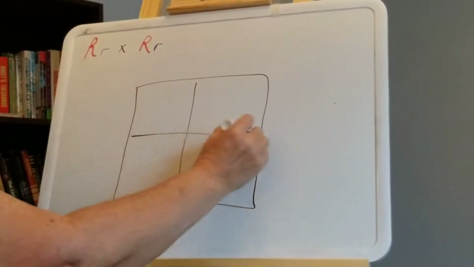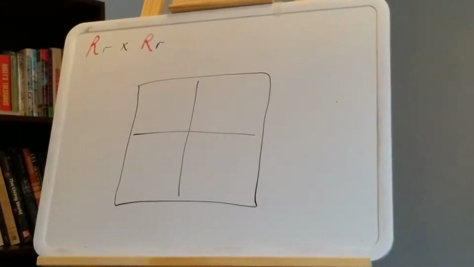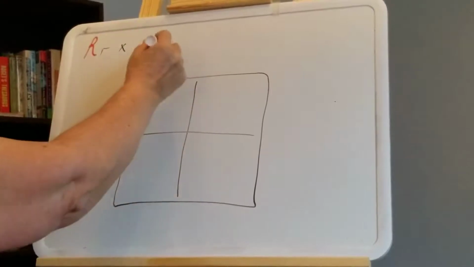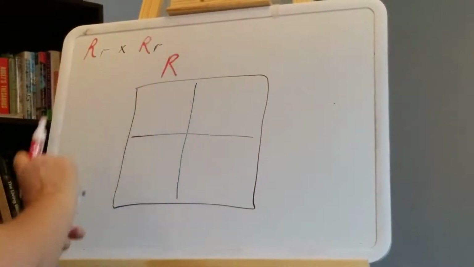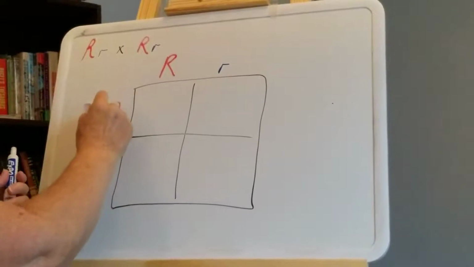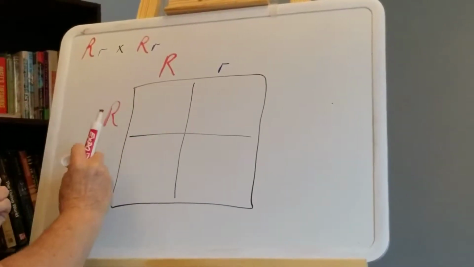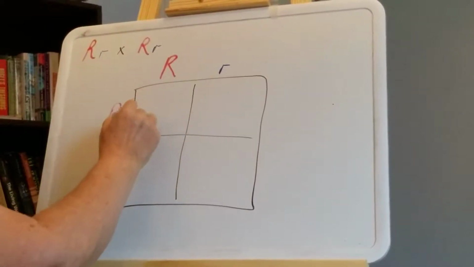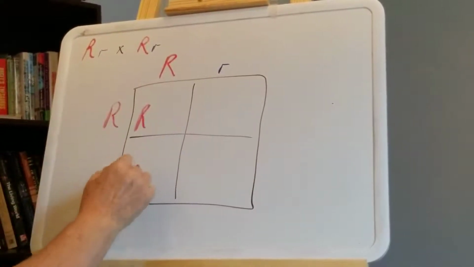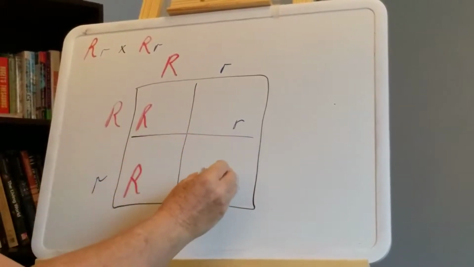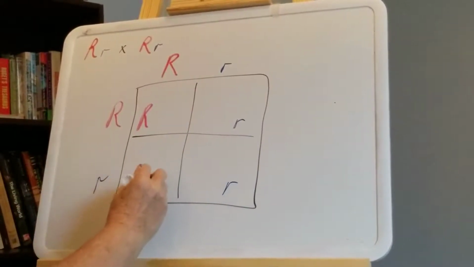We're just looking at one trait, so it's monohybrid. We're going to put one parent up here, the other parent over here. We're going to bring, once again, the columns down. Usually you put the capital letter first. We're going to bring the rows across.